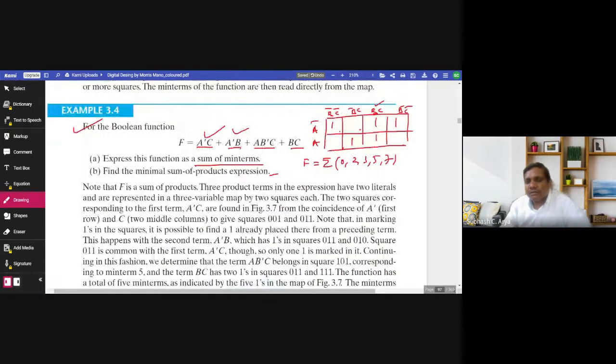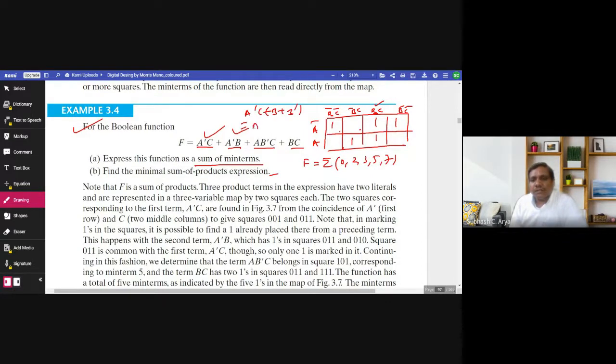How comes 0? A bar, C bar. A bar C multiplied by B plus B bar.